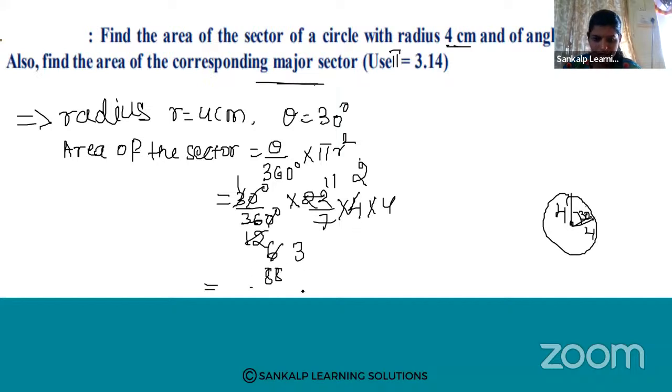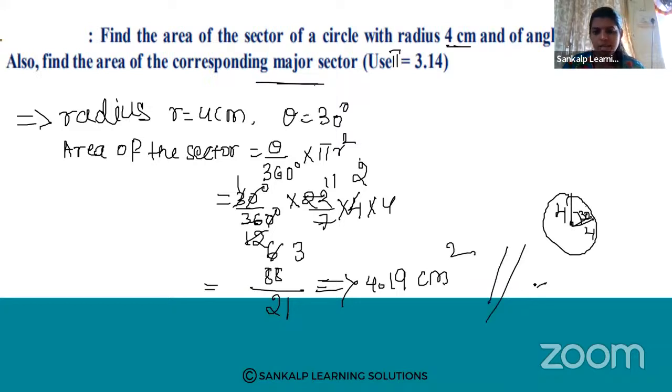So 88 divided by 3 into 7, that is 21. So 88 divided by 21, try it and see what you get, that is 4.19 centimeter square. This is the area of the corresponding major sector, right?